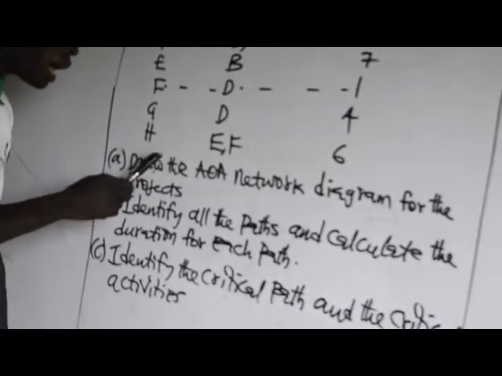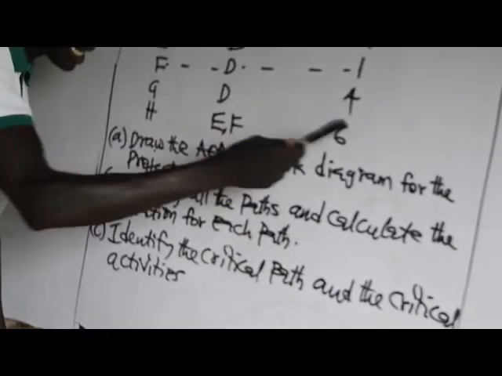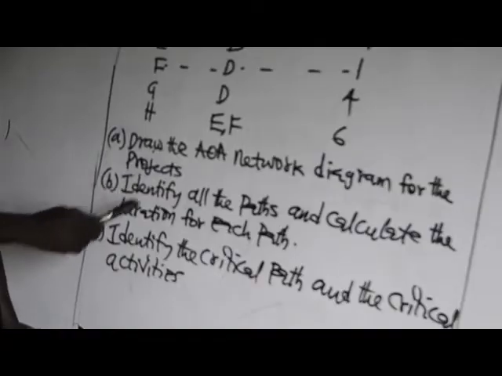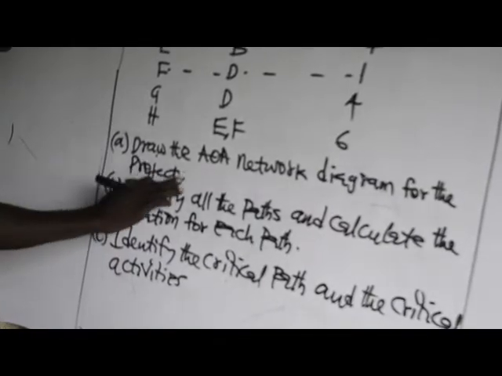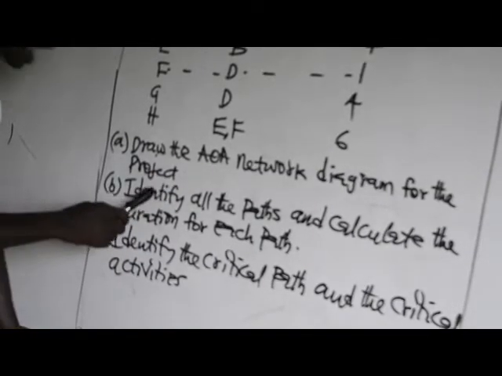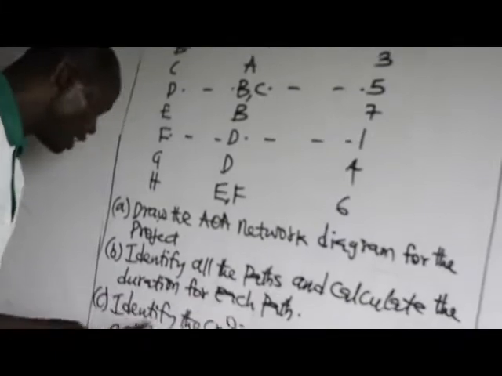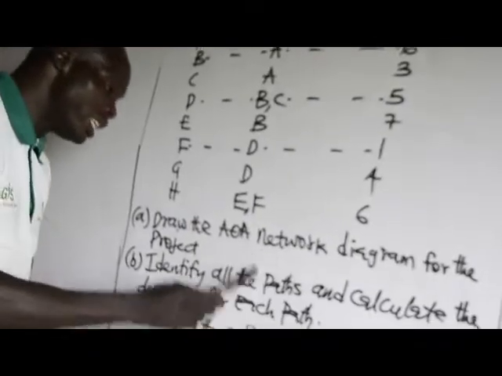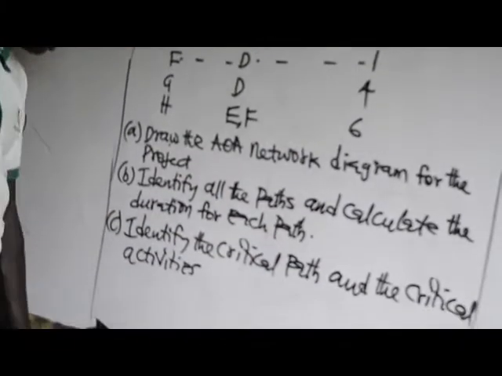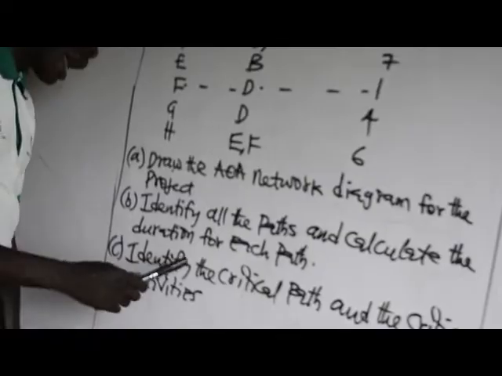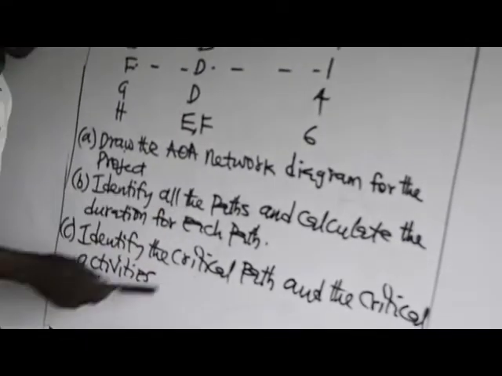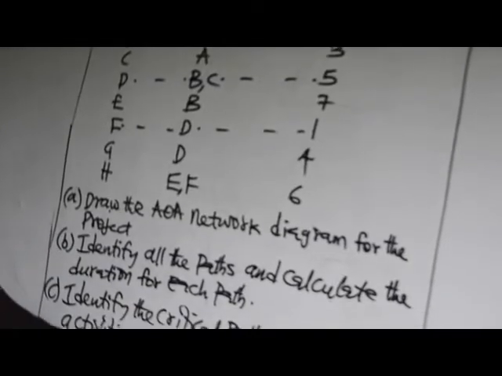A. Draw the AOA network diagram for the project. B. Identify all the paths and calculate the duration for each path. C. Identify the critical path and the critical activities. That is the question. Now let's have the solution.